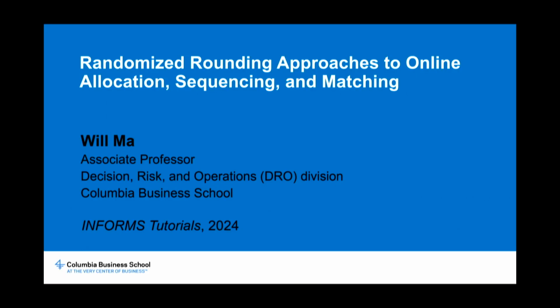Okay, thanks a lot, Jamal, for the introduction. My name is Will. I'm an associate professor in DRO at Columbia Business School. It's a great honor to be able to give this tutorial here today. I'm going to talk about probably my favorite technique that I've used in my research, which is randomized rounding for online algorithms.